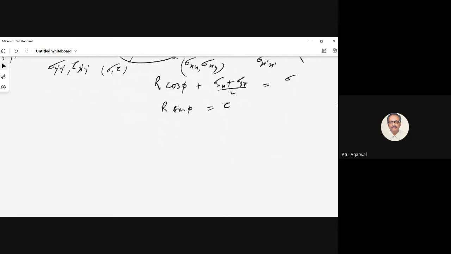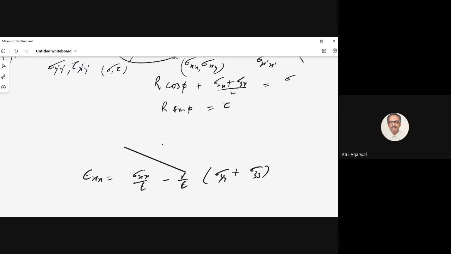Okay. Now there was one more thing I wanted to tell you. First we take a simple case. There are some relations: epsilon xx is equal to sigma xx by E minus nu by E times sigma yy plus sigma zz.